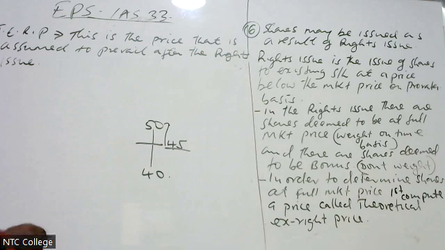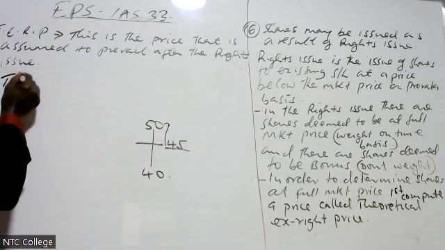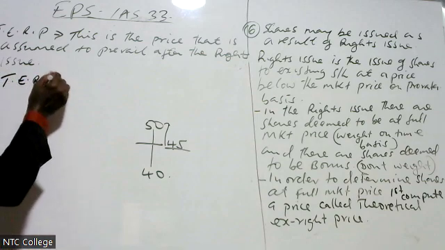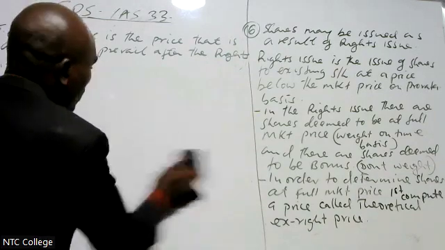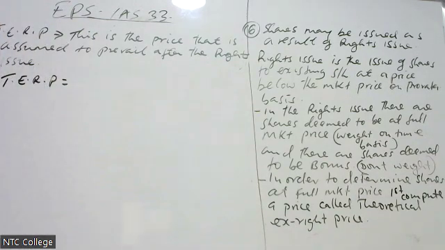Now, how do we get theoretical X-right price? I want to see AFM gurus here. AFM, those who are sharp in AFM.